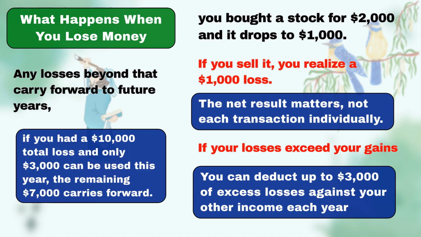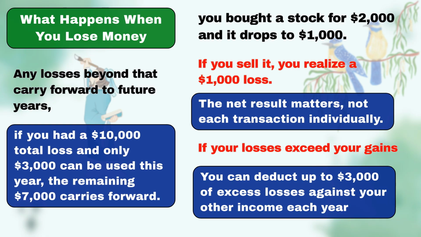For instance, if you had a $10,000 total loss and only $3,000 can be used this year, then the remaining $7,000 carries forward. Next year, that leftover loss can again be used to offset gains or reduce taxable income. And it continues until it is fully used.